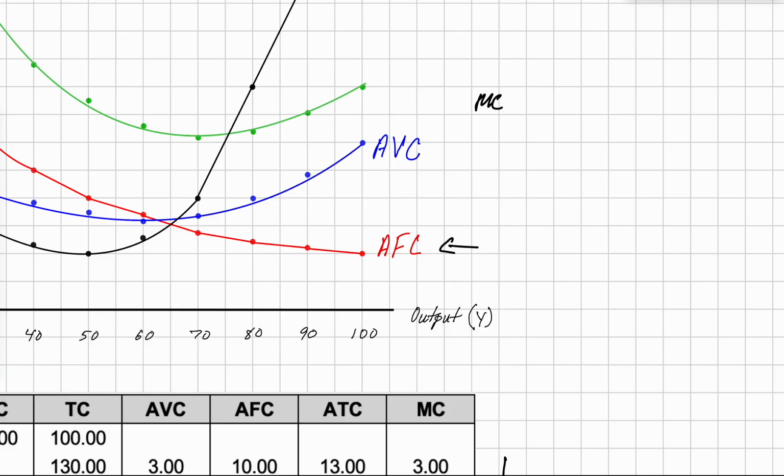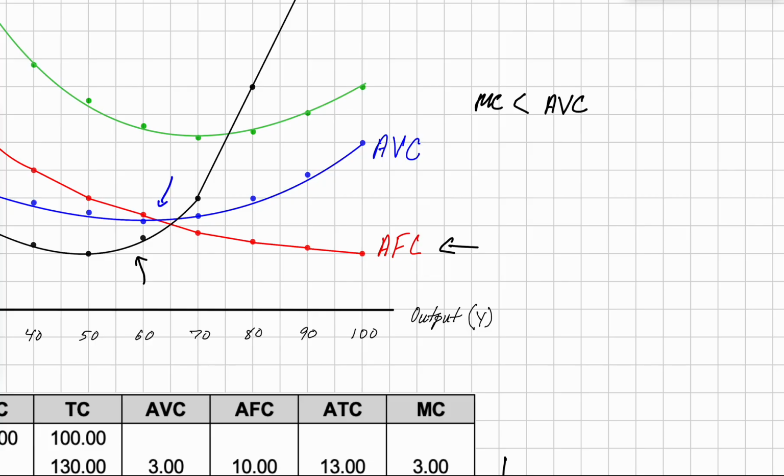Let's say the marginal cost curve is less than our average variable cost curve. That means the black line here is below the blue line here.